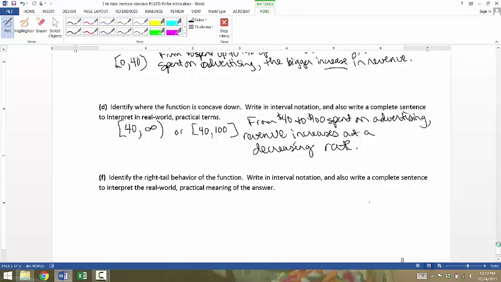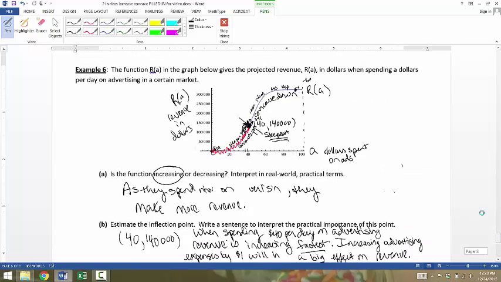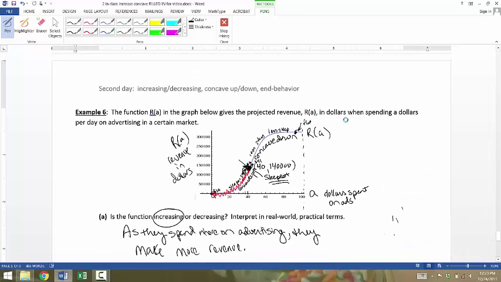Identify the right tail behavior. All right, on the right side of the function, we see that this function is approaching a height of, I don't know, it's going above 300,000. So let's say maybe 350,000. Again, it's an estimate.